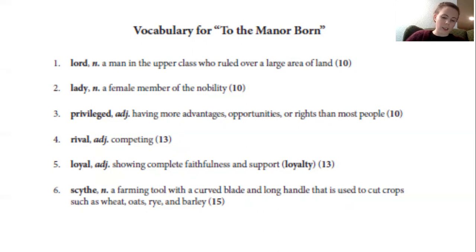You may have also heard this word before. It's going to be in a different context in this chapter from your life, but we can probably relate it to some things that are happening today.